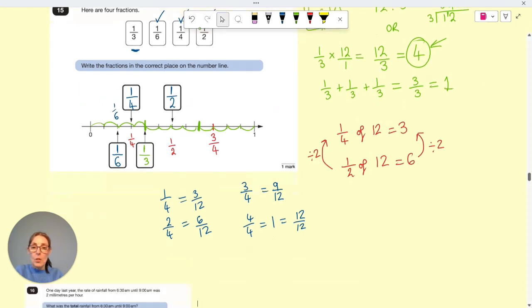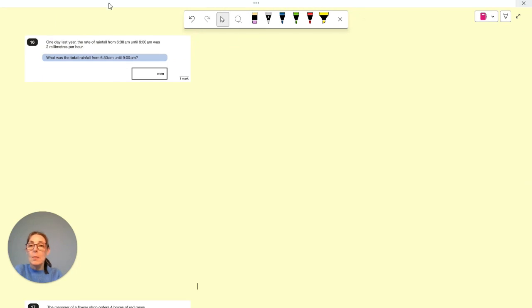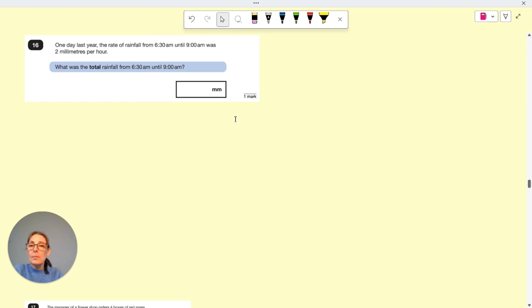On to question 16. Let's make that a little bit bigger. Okay, one day last year, the rate of rainfall from 6:30 a.m. until 9 a.m. was 2 millimeters per hour.